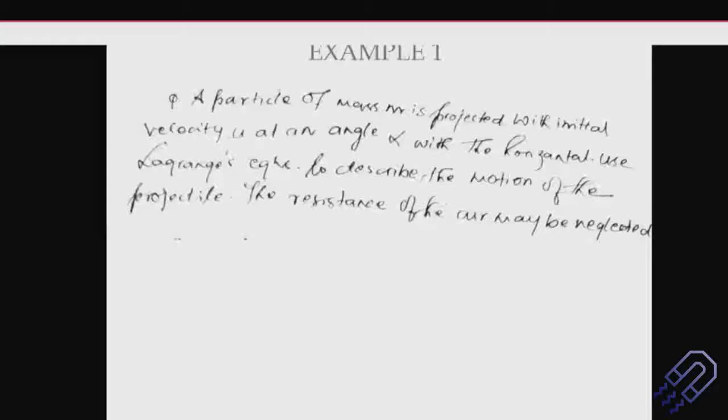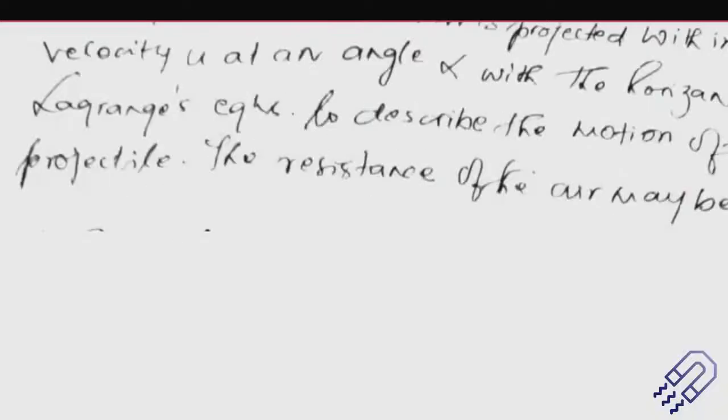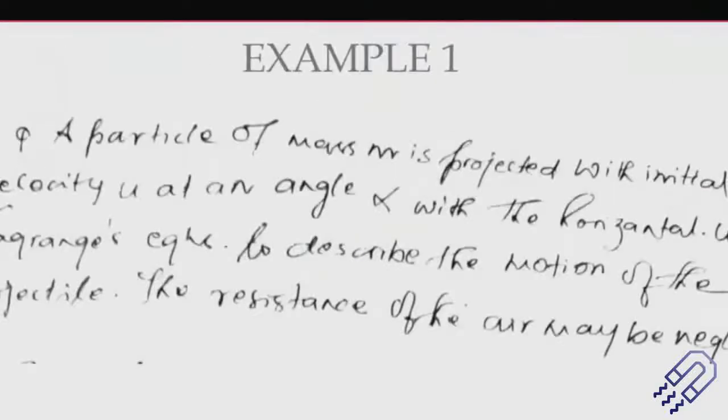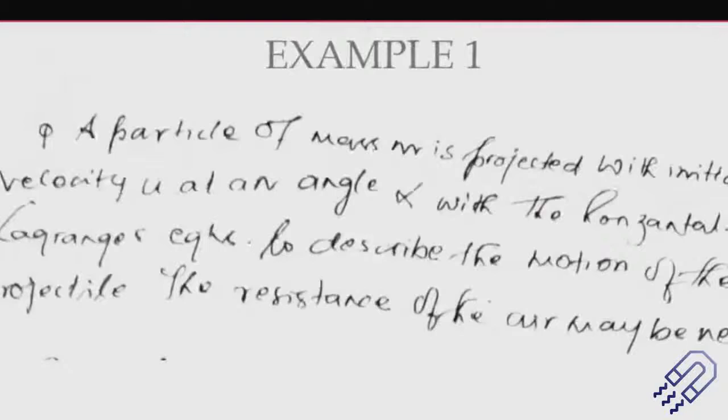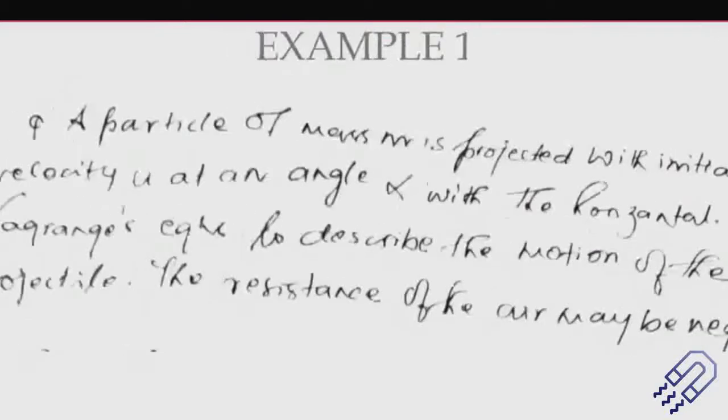Okay. So then we have got a particle of mass m, and it is projected with the initial velocity at an angle alpha with the horizon. Now what you have to do is use the Lagrange's equation to describe the motion of the projectile. So the question is very simple.